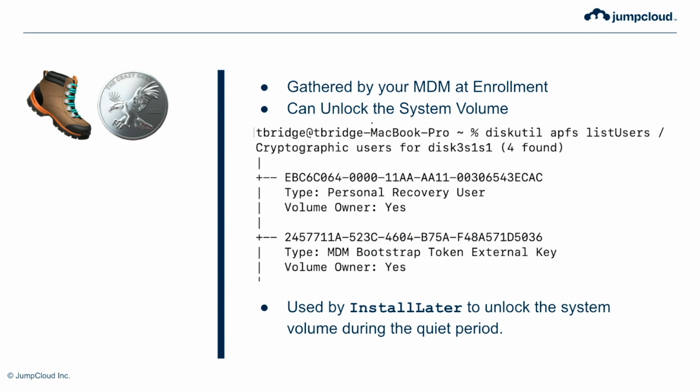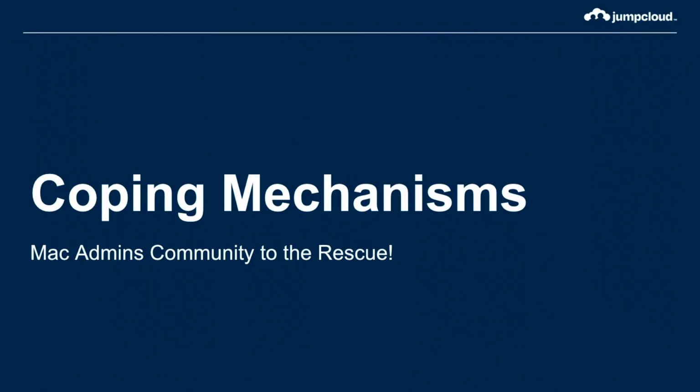The bootstrap token is an unlock code for the secured sealed system volume at that time. That's why it's incredibly important that you use an MDM with bootstrap tokens involved. Not every MDM is. Most of the commercial ones are, thank whatever power that be. But that's why you need this as part of your MDM update.